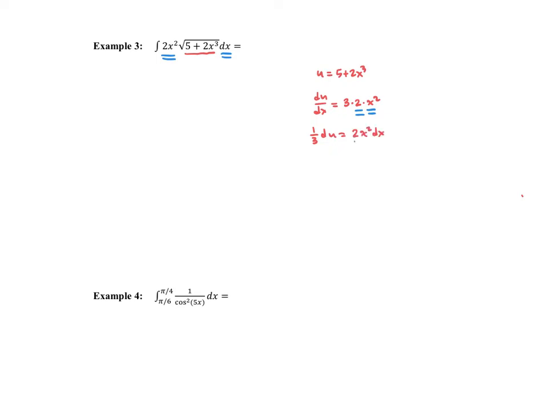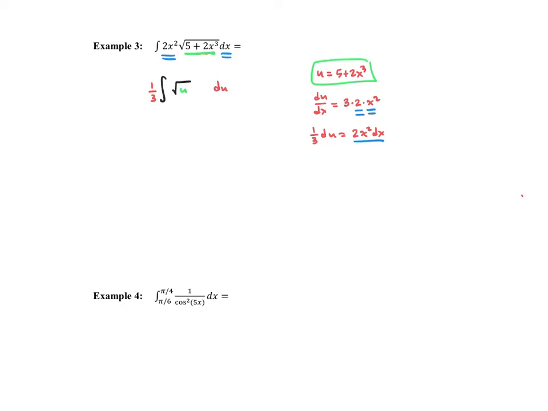So you can see I can do a substitution, replacing 2x squared dx with 1/3 du. So I'm going to bring that in, 1/3 du, antiderivative, and I'm going to take the square root of what was 5 plus 2x cubed, but will now be u.